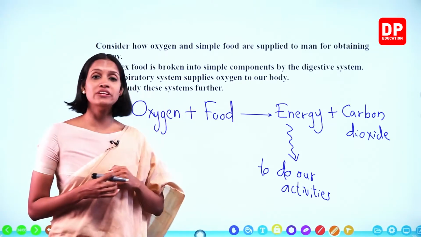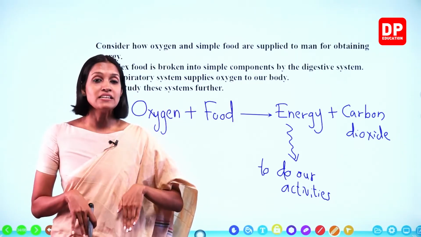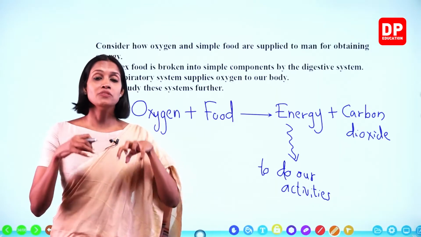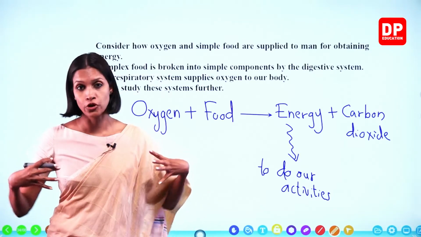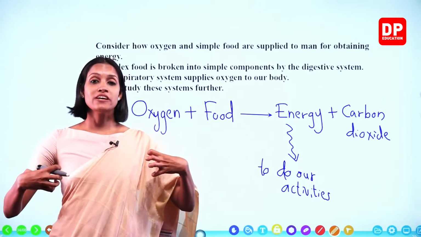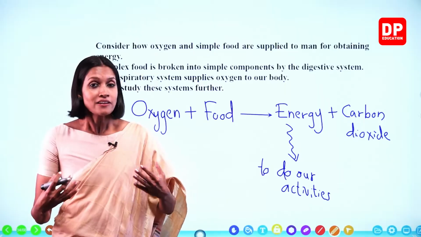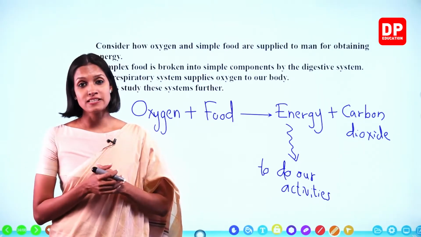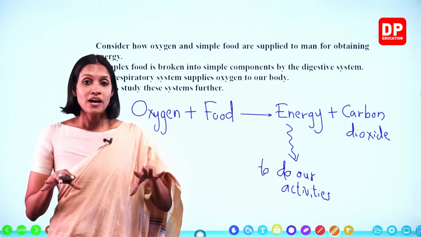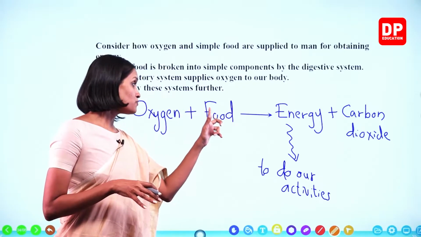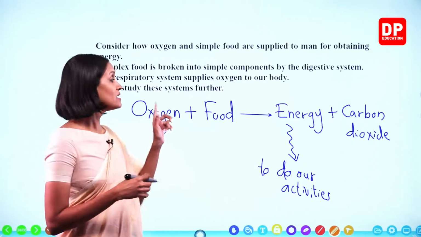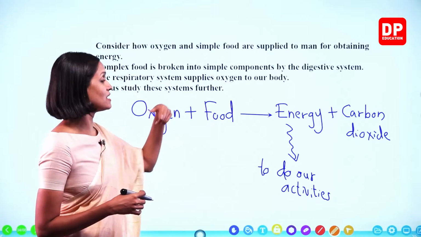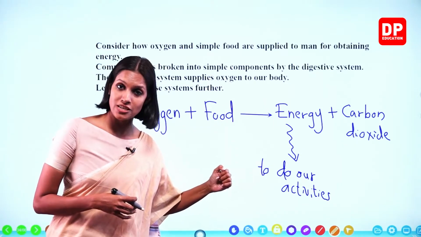What about the food we eat? The food we eat, inside the digestive system, breaks down and the nutrients are absorbed by your body. These nutrients absorbed by the blood are given to all the other cells. So through blood, both oxygen and food are taken to the cells. Inside the cells, they react with each other and energy is produced.